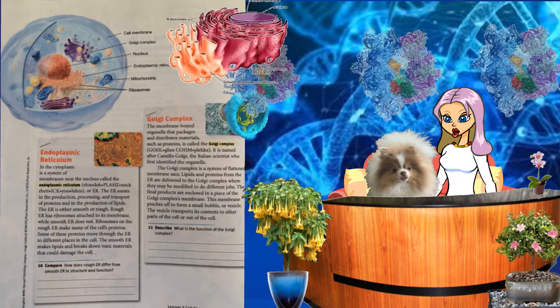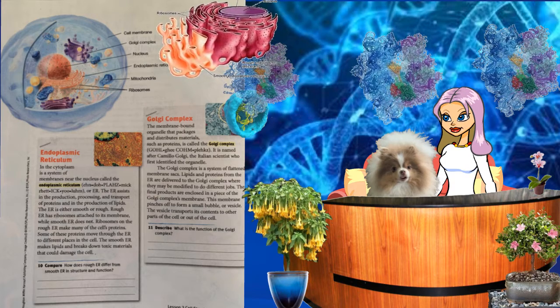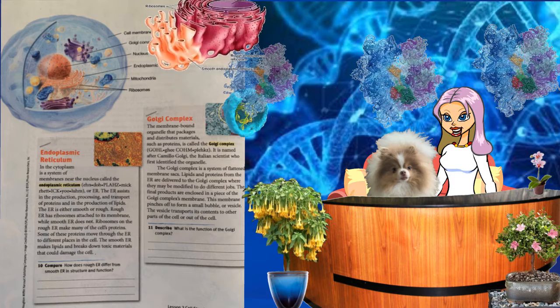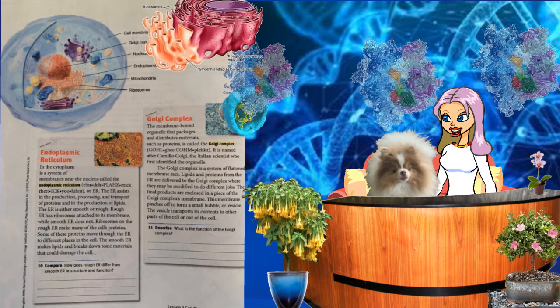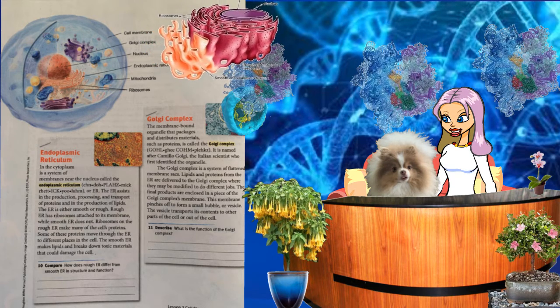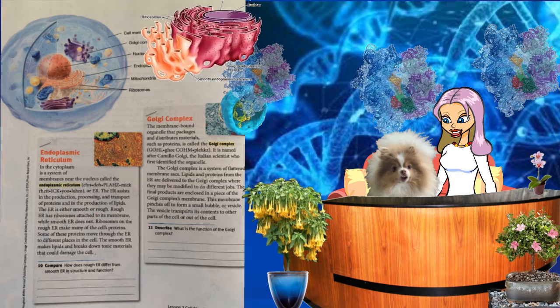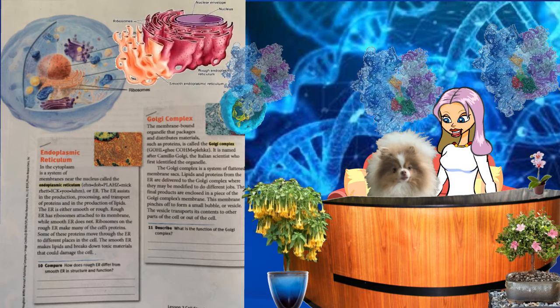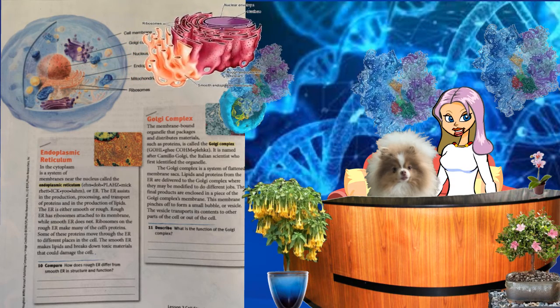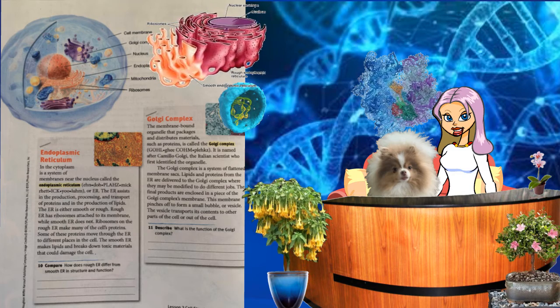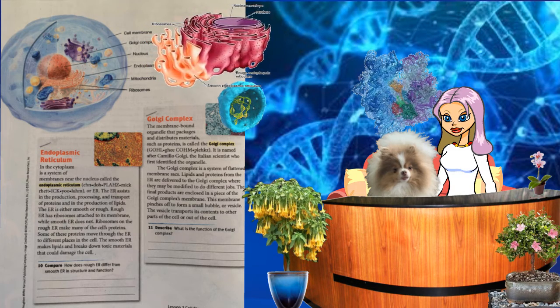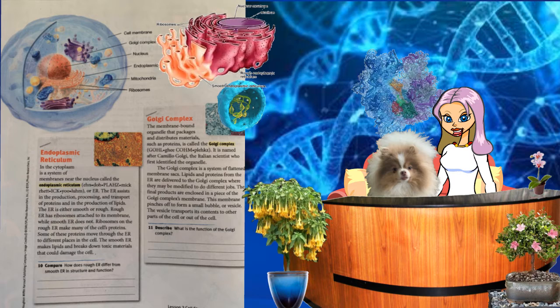Remember from our last lesson that ribosome is the organelle that makes protein, and protein is the thing that controls most chemical reactions of cells. So the ribosomes that are on the rough ER make many of the cell's proteins.